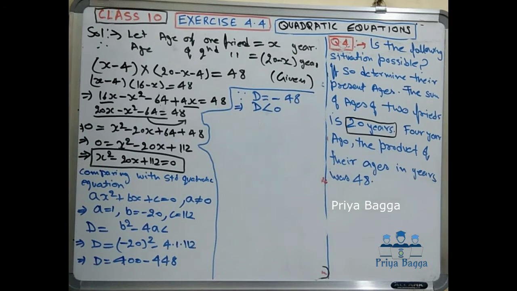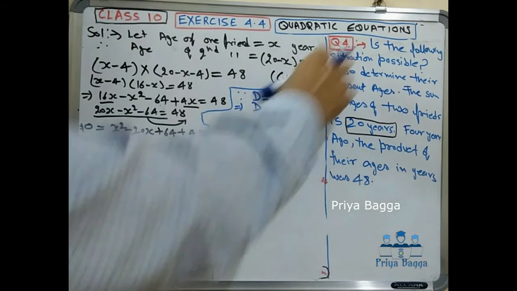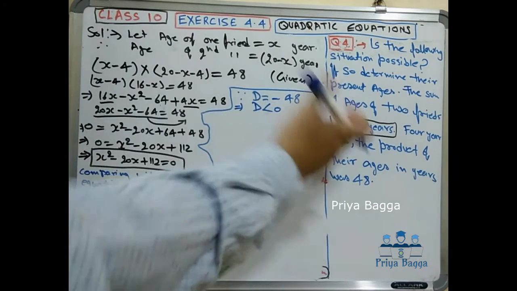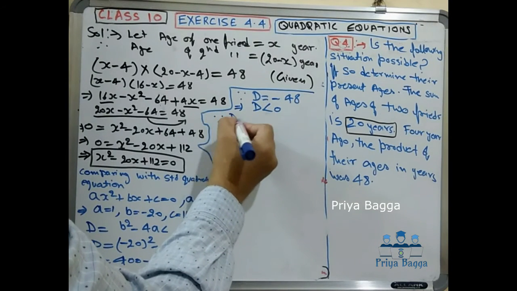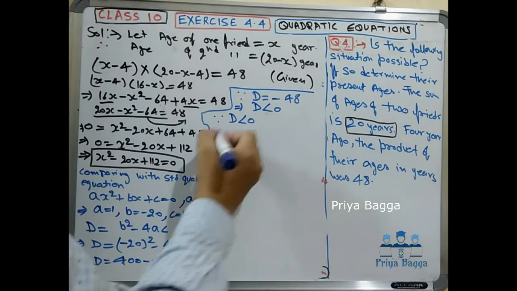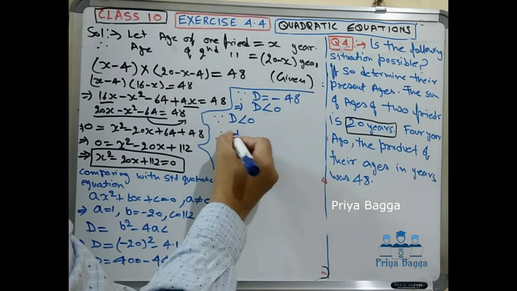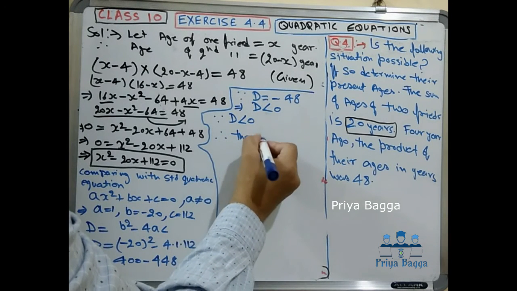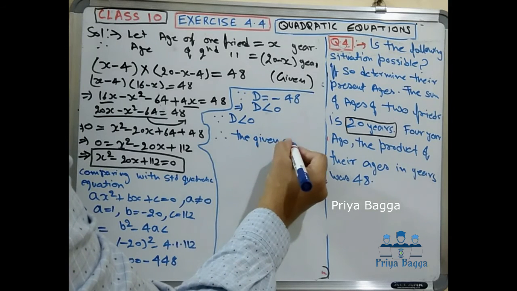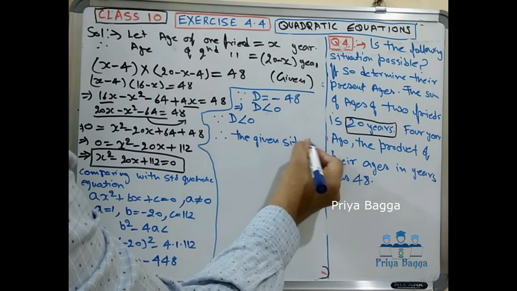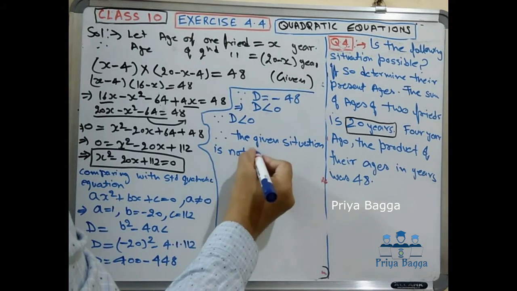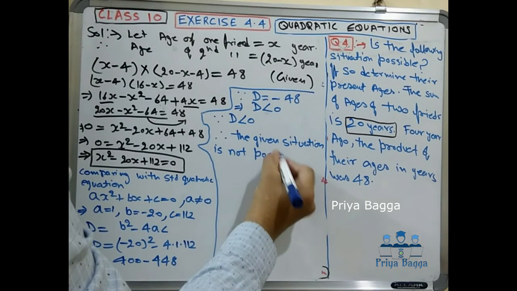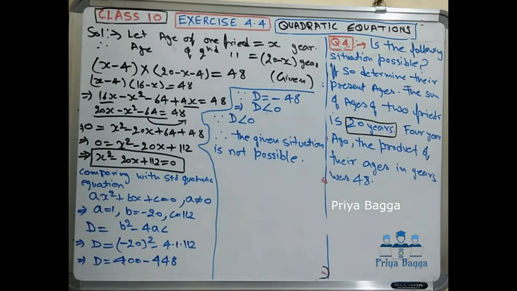So it means that because D is less than 0, no such situation is possible which is given in this statement. Okay, so we will write, because D is less than 0, therefore the given situation is not possible.